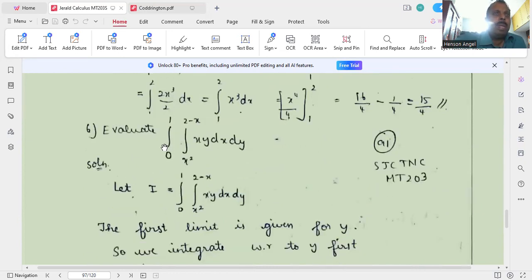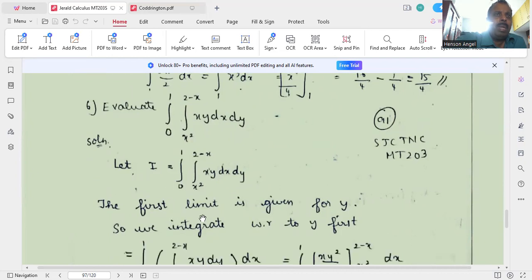Then sixth problem. Evaluate double integral 0 to 1, x square to 2 minus x, xy dx dy. First you take the given double integral I equal to integral 0 to 1, x square to 2 minus x, xy dx dy. The first limit is given for y.